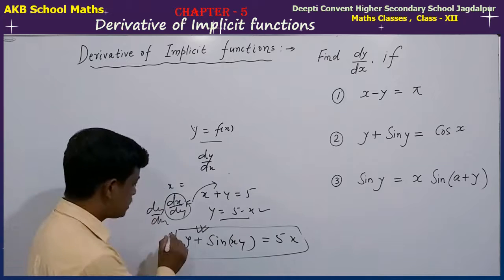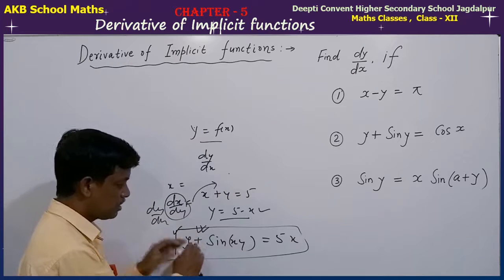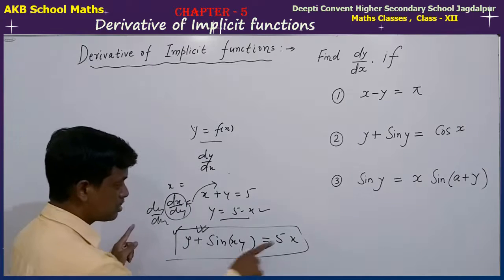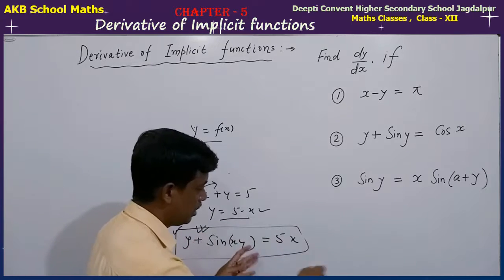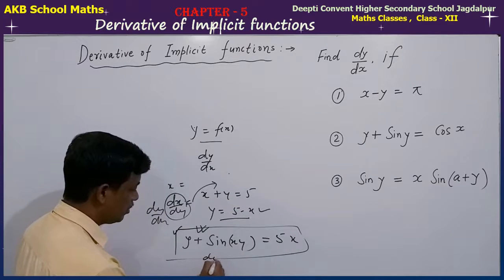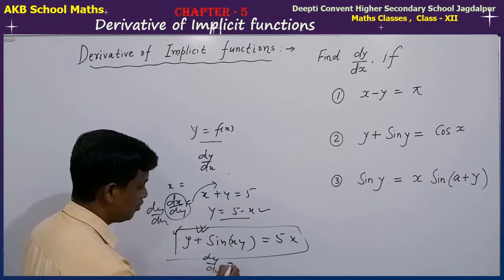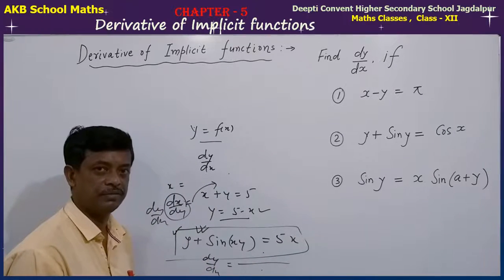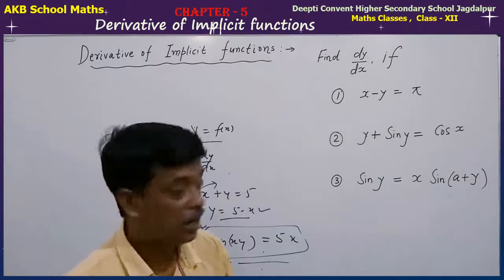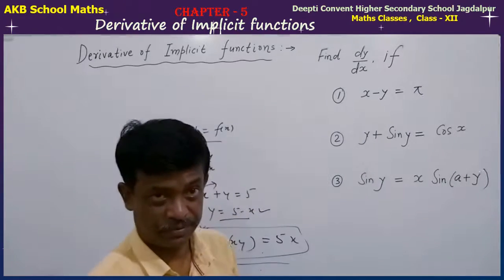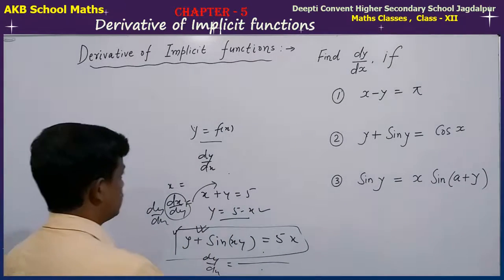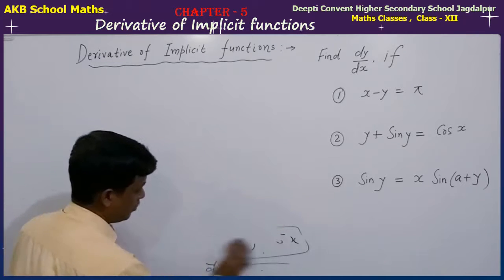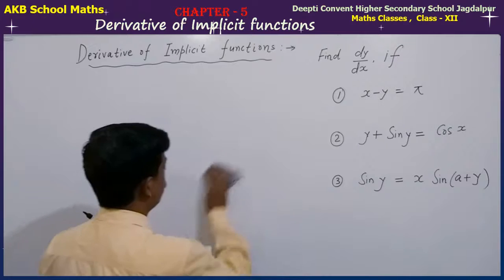So whenever we get this type of relation, for differentiating that function, you have to differentiate both sides part-wise and then finally collect dy by dx and transfer to the right hand side, you can get the value of the derivative. So here we are trying to find the derivative of these functions. Let us try to find the derivative for question 1.